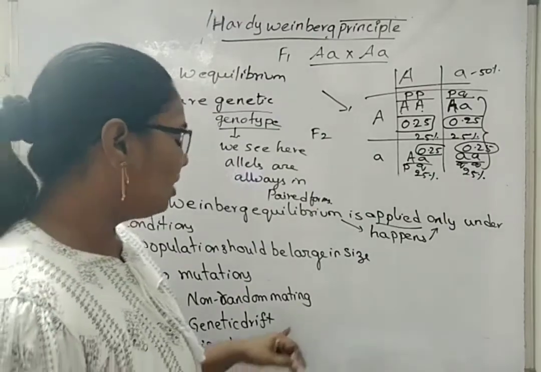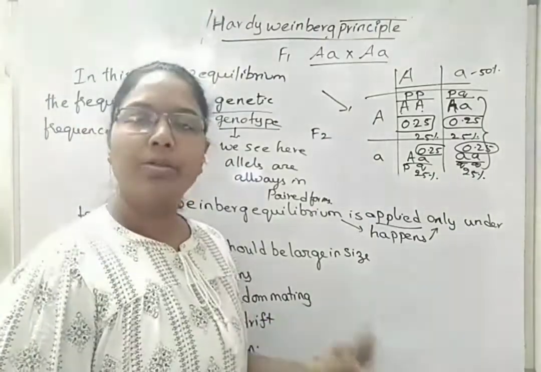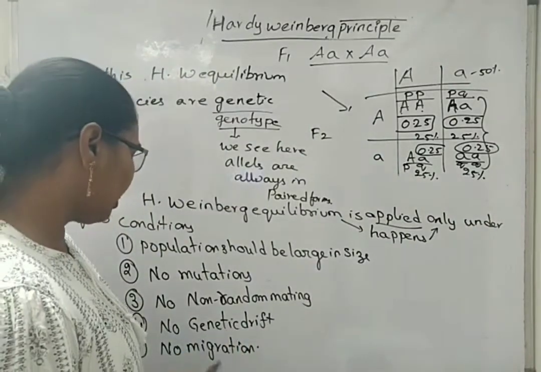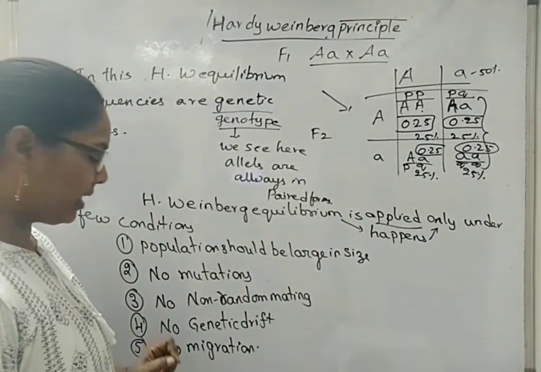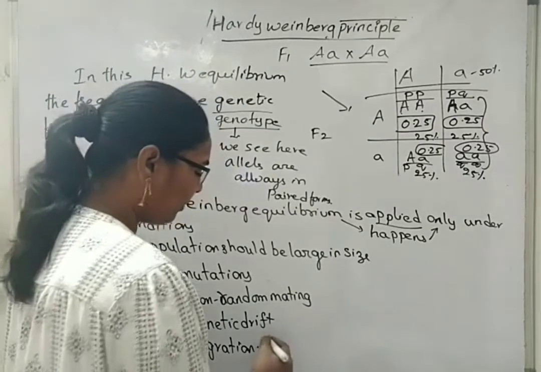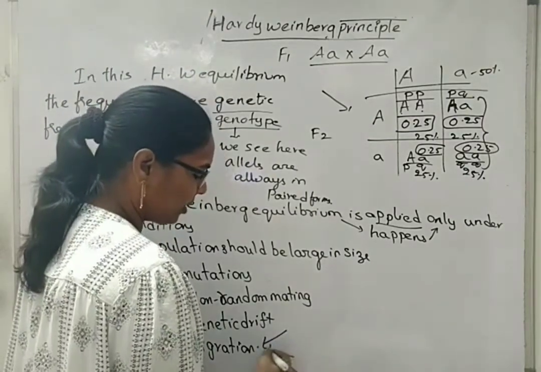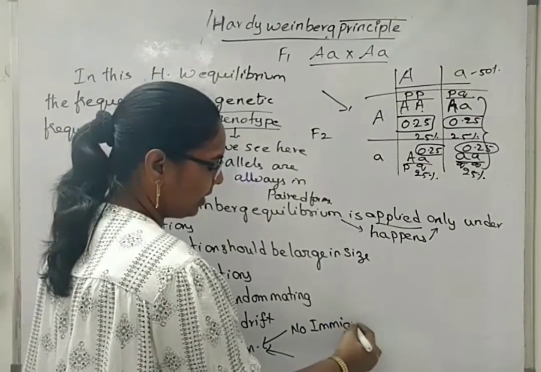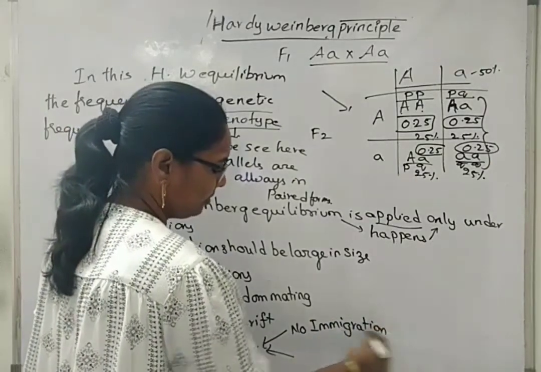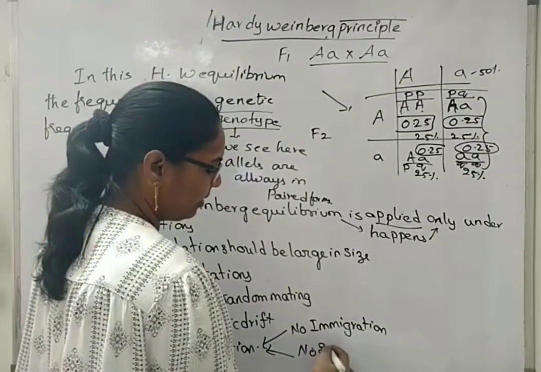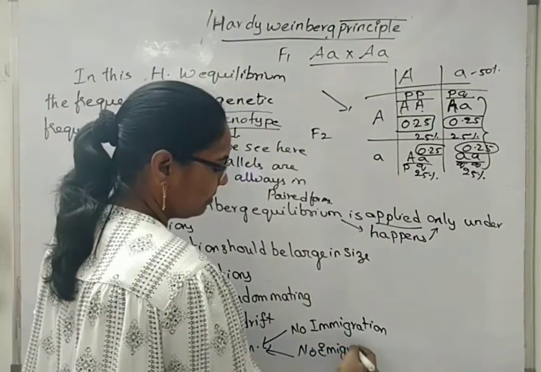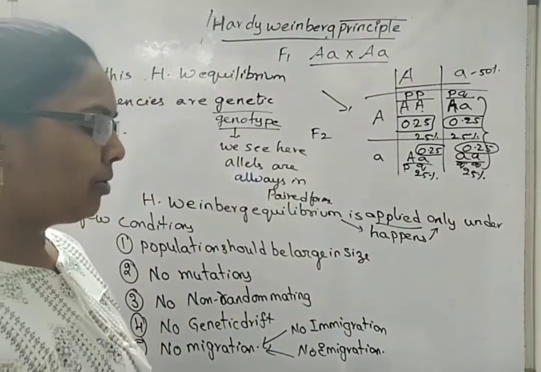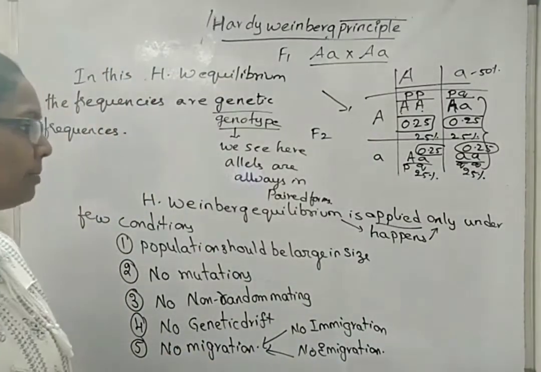Organisms should not move out of the population to develop a new type of population at some other habitat. There should be no migration, means no immigration and no emigration. So this is about Hardy-Weinberg equilibrium.